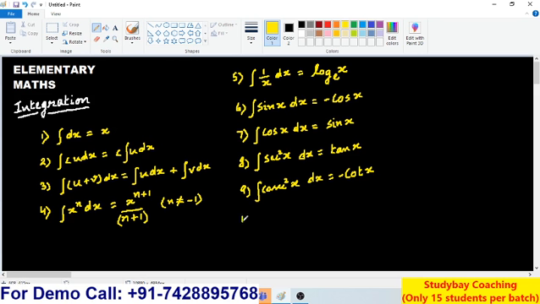Okay, then 10th one, this is integral sec x into tan x, and this will be equal to sec x.